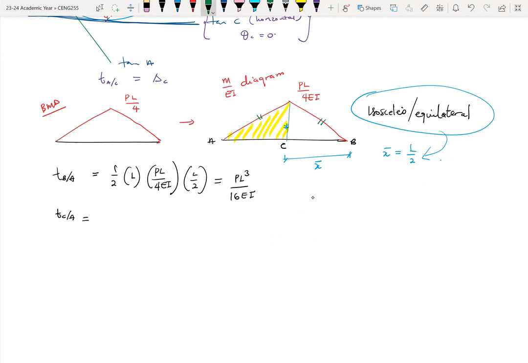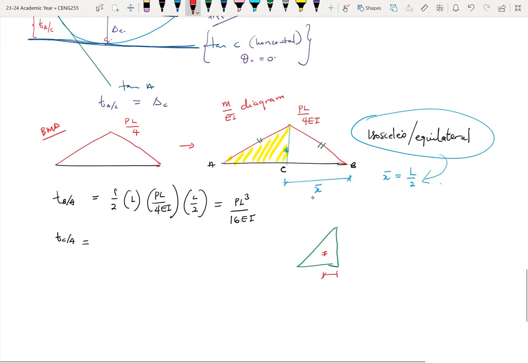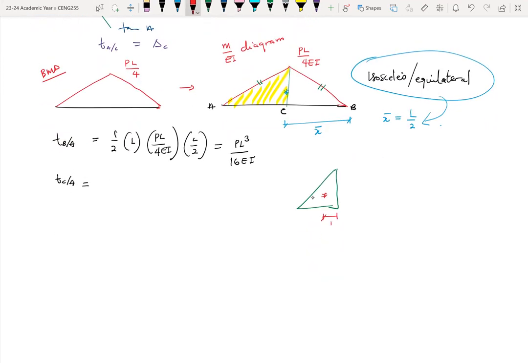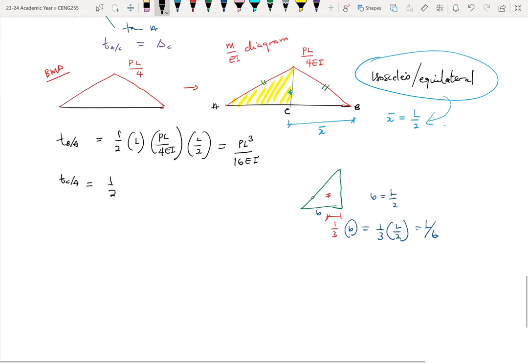Terribly drawn. We're taking moment about C, so I need to find this length here. And this length is 1/3 of the base. We have established that the base here is L over 2, so it becomes 1/3 of L over 2, which is actually L over 6.